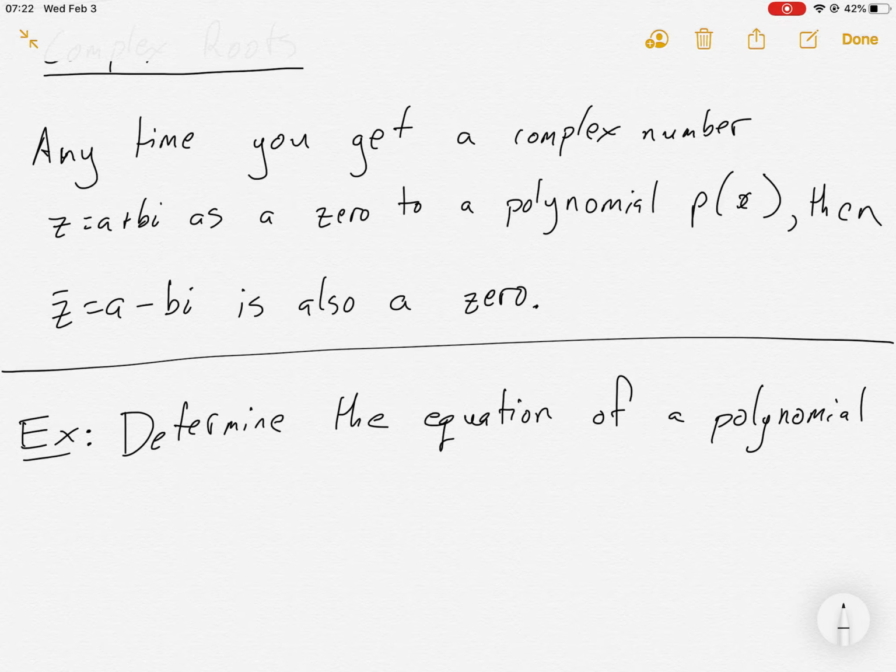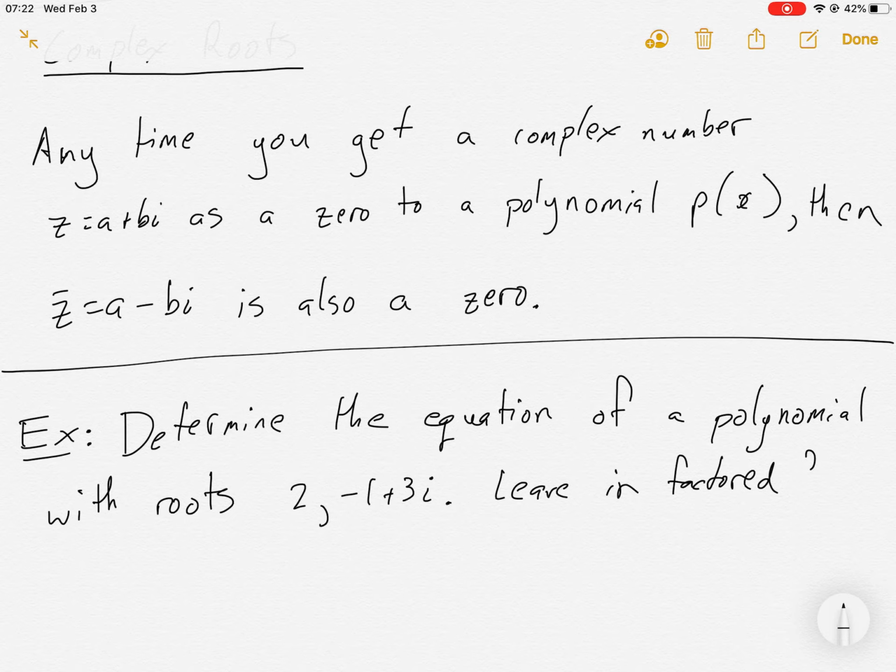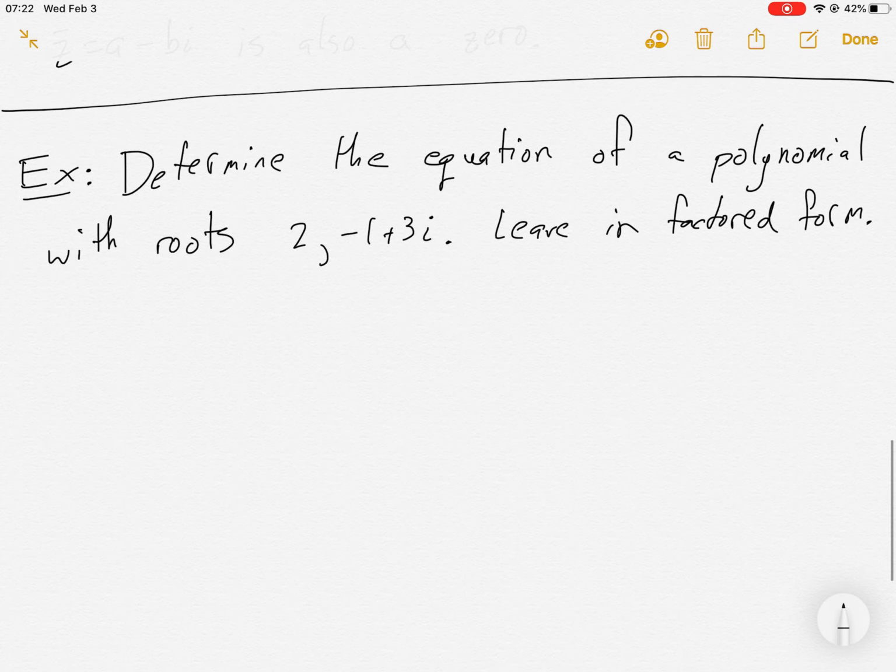Before this was mostly theory. So determine the equation of a polynomial with roots, let's say 2 and then -1 plus 3i. And I'm going to say that you can leave it in factored form. For now, we will adjust that a little bit later on. Okay, so here is sort of a typical example you might run across now that we've gotten through all this theory.